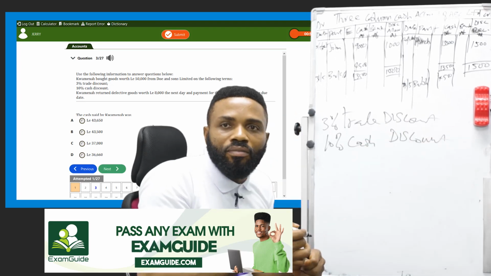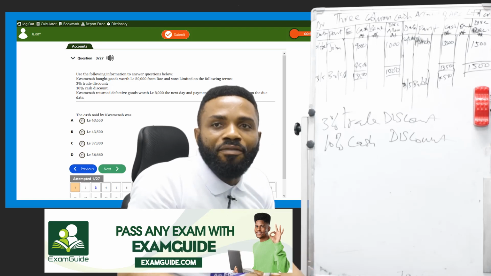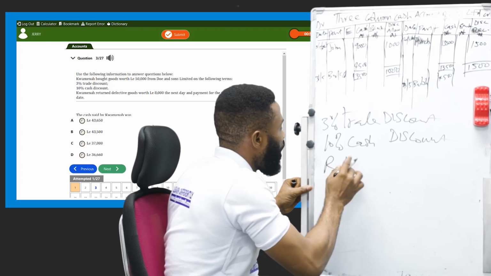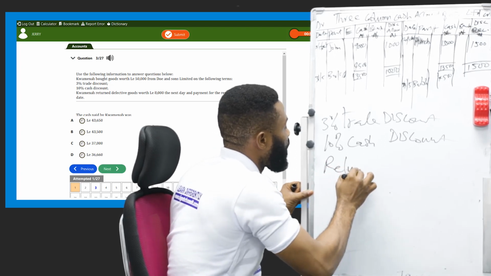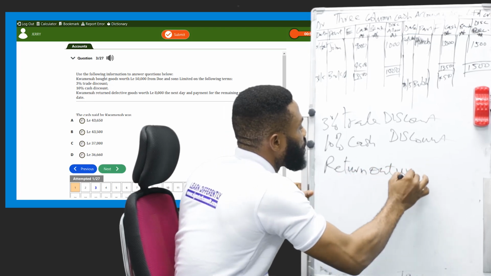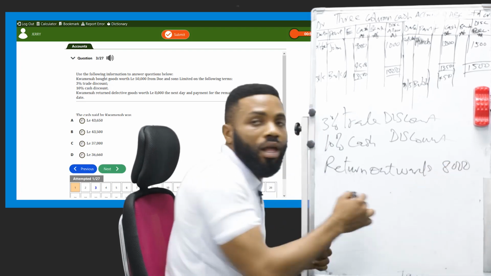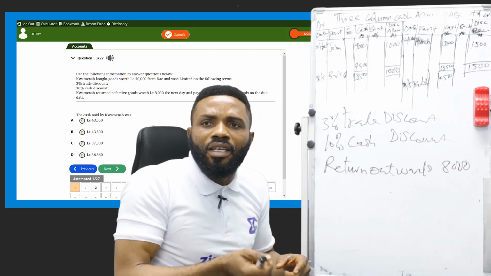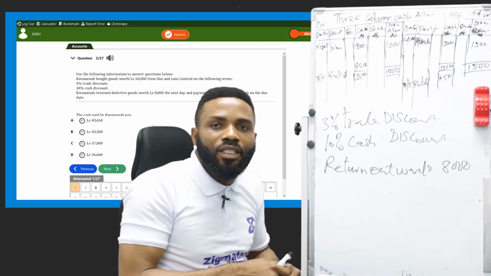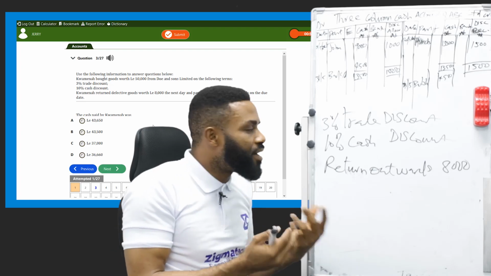Kwamena returned defective goods worth 8,000. Return outwards is 8,000. Then he made payment for the remaining goods on the due date. It now asks for the cash paid by Kwamena.